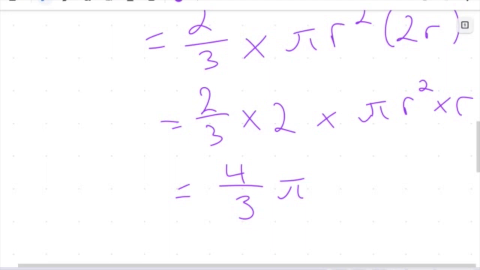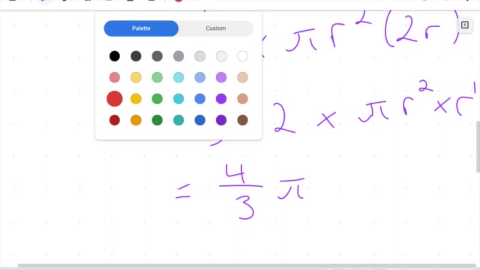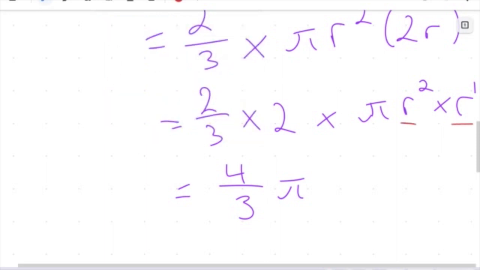And I still have my pi, that doesn't change. But here I have r squared times r, or times r to the power of 1. So if I multiply numbers with the same base, so r and r here, I'm going to add the powers. This is going back to what we learned from indices.